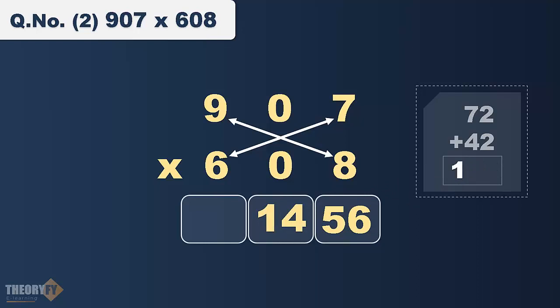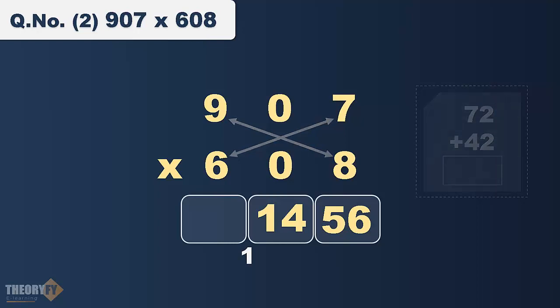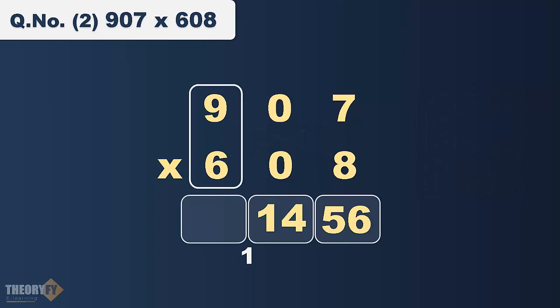Remember the rule where we said that we can have only 2 digits in every part, not more than 2. So here we only put 14 from 114, and we put this 1 as carryover for the next part of the answer. So let's solve the next part first. 9 into 6, where we have to multiply the left side digits.